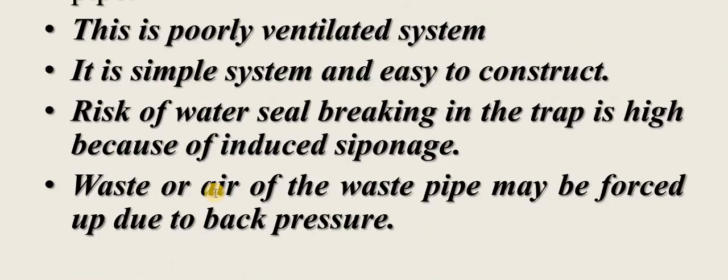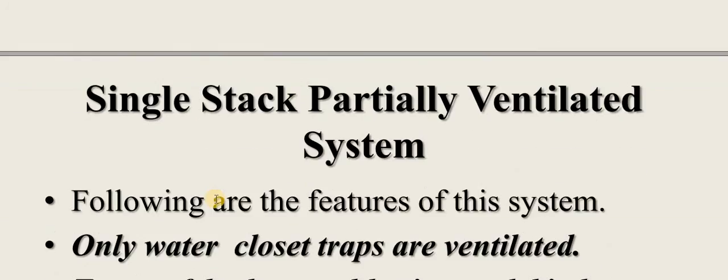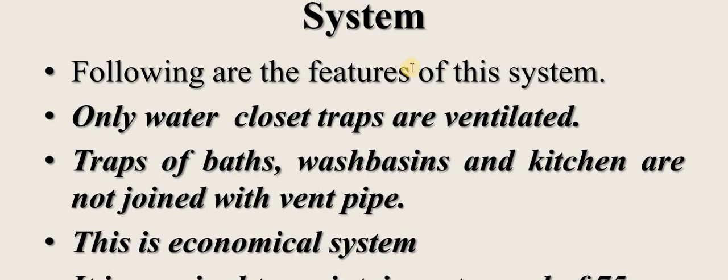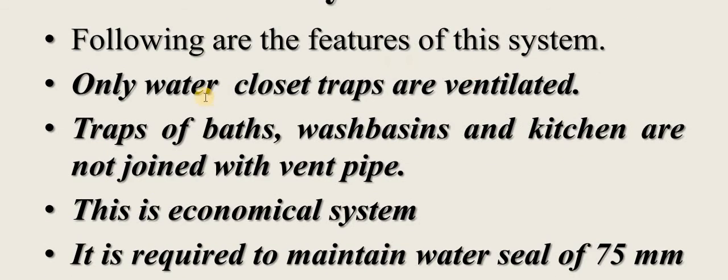So moving ahead to the single stack partially ventilated system. The first system, the single stack system, is again improved in the form of the single stack partially ventilated system. Following are the features of this system. Only water closet traps are ventilated, meaning only WCs are ventilated.